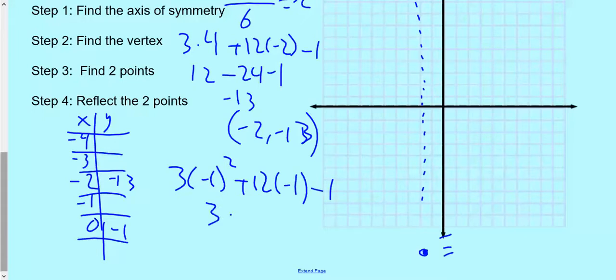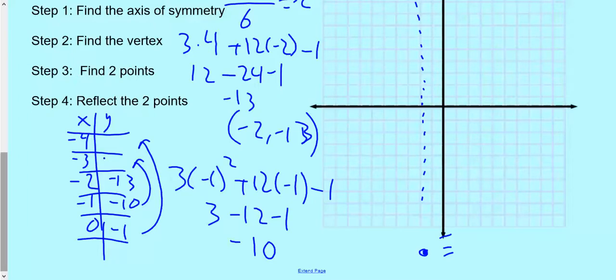That will be 3 minus 12 minus 1, which is negative 10. Reflect and reflect. And then you can graph negative 4, negative 1, negative 3, negative 10, negative 1, negative 10, and finally 0, negative 1.